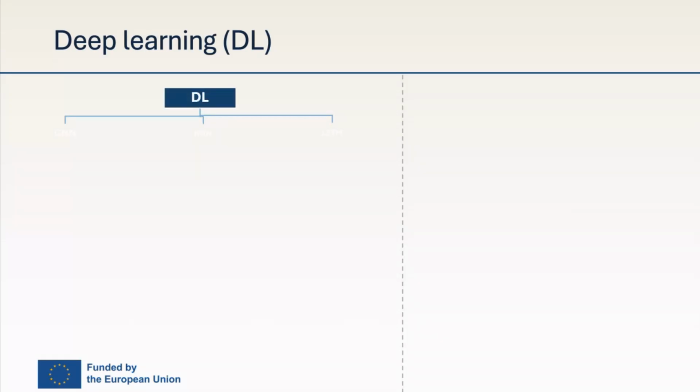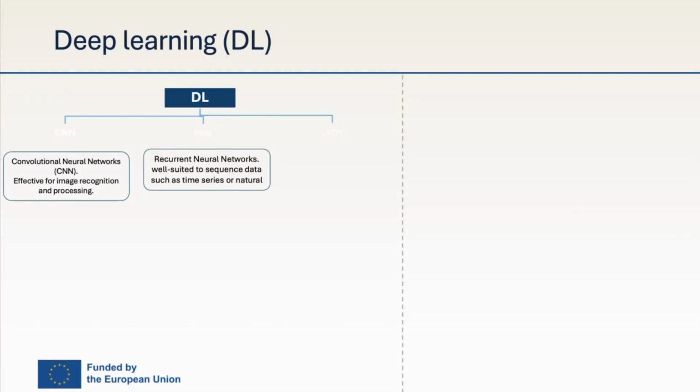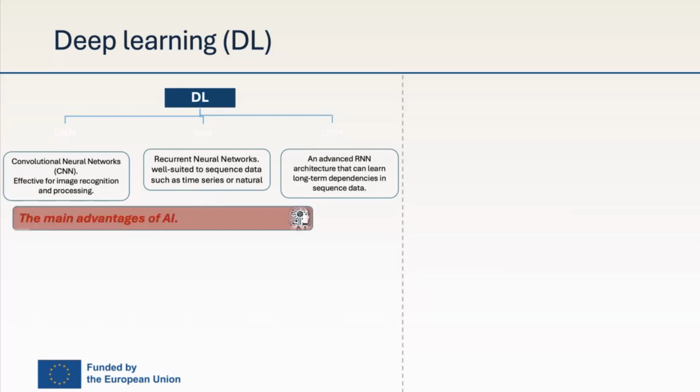Now, for deep learning, we could have 3 kinds of deep learning models. There is the convolutional neural network, considered suitable to deal with images. We also have the recurrent neural network, considered suitable to deal with time series data.